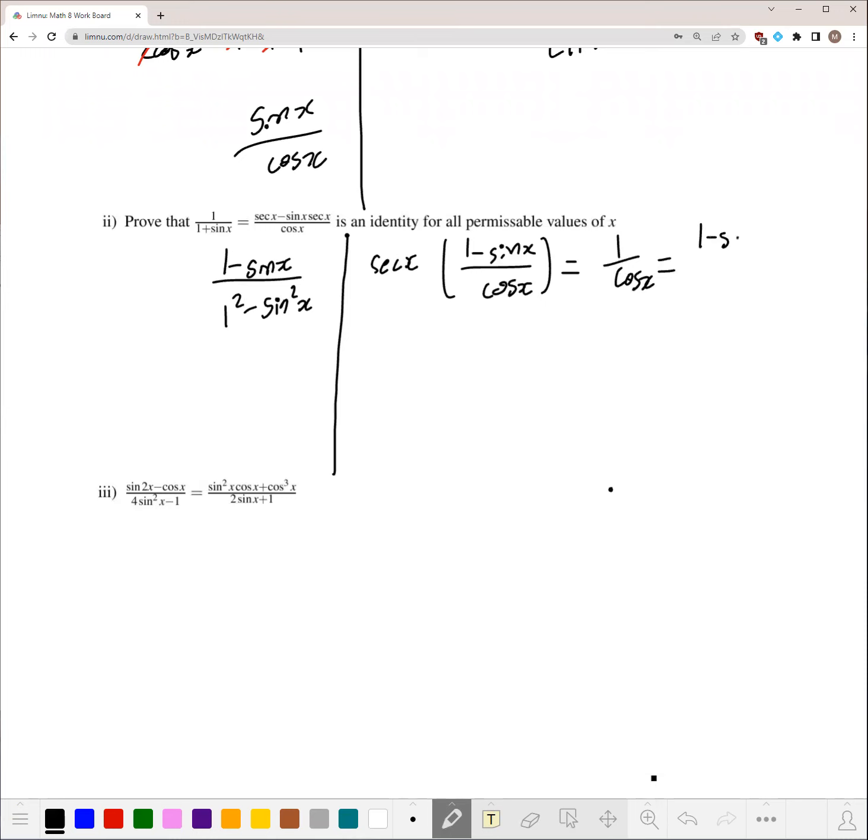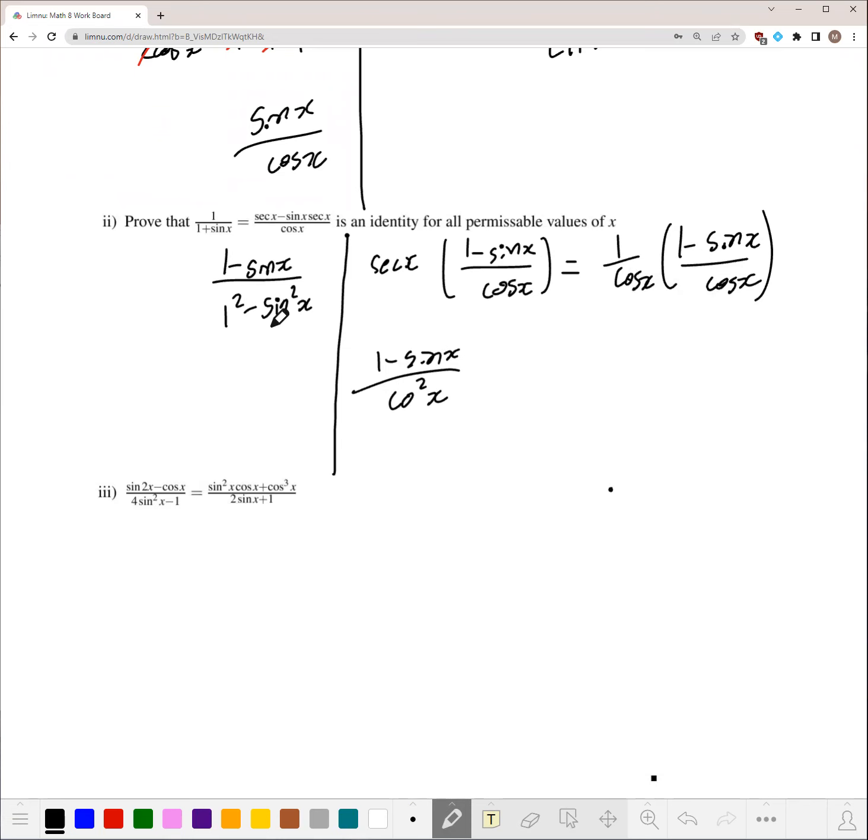It's equal to 1 over cos x times 1 minus sine x over cos x. And so that gives us 1 minus sine x over cos squared x, because those multiply together and 1 times anything is itself.